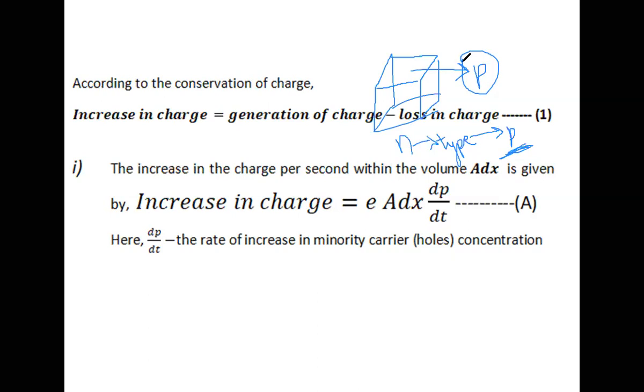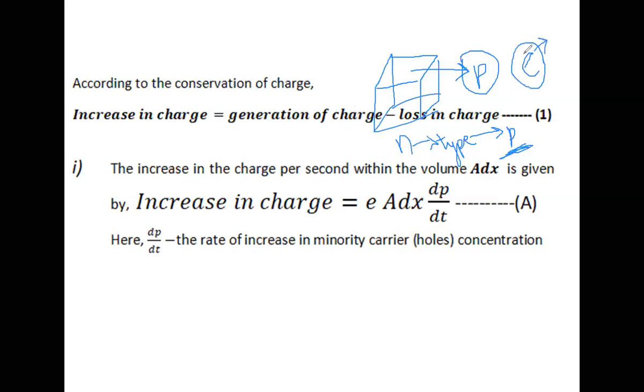Now you may ask me a question: why do we need to consider the conservation of charge for minority charged particles? Because when you are applying all these processes, recombination, generation, transportation, etc., if you take the majority carriers in n-type, those are electrons, and in n-type we know these are the majority carriers.